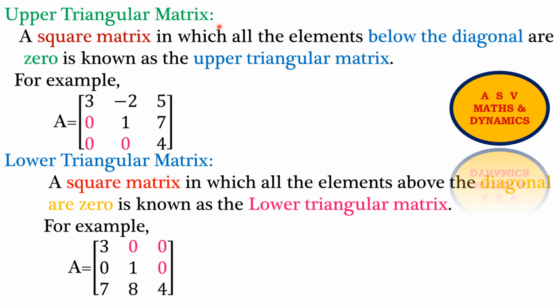But in the definition, all the elements below the diagonal are 0. We describe it regarding the zeros, but the non-zeros are in the top.